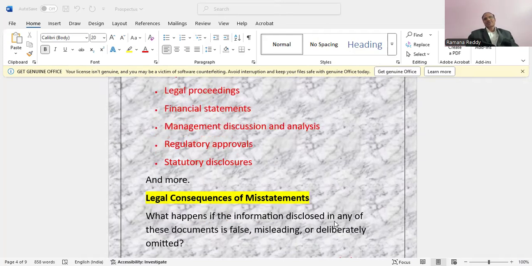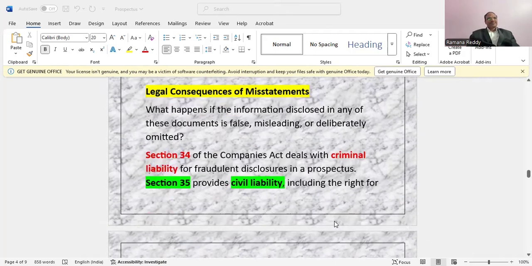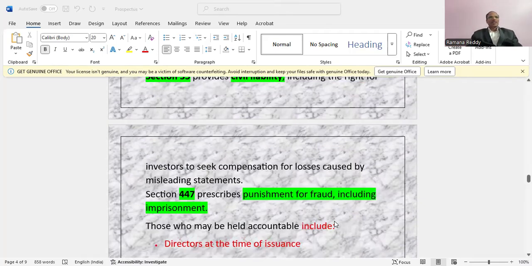Legal consequences of misstatement. What happens if the information disclosed in any of these documents is false or misleading or deliberately omitted? Section 34 of the Companies Act deals with criminal liability for fraudulent disclosures in a prospectus, and Section 35 provides civil liability, including the right for investors to seek compensation for losses caused by misleading statements.